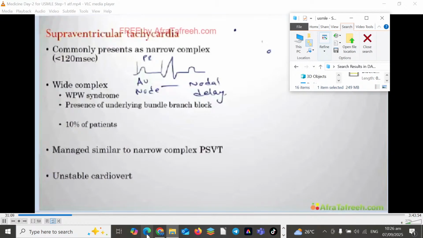One scenario. The other scenario is that there is an additional pathway which is connecting the two cities together, bypassing the toll naka, and that is called an accessory pathway. These are the two main scenarios of how a supraventricular tachycardia occurs. Okay.